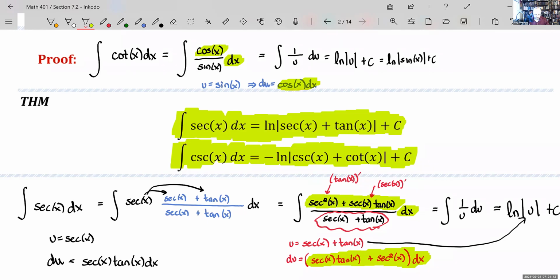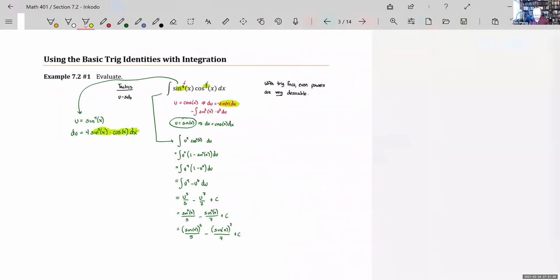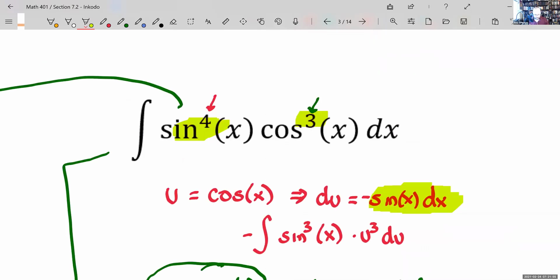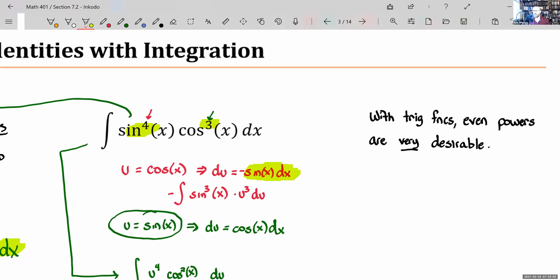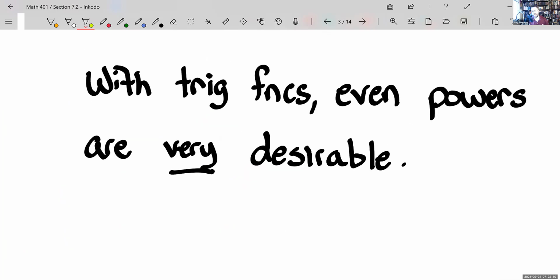Let's see, what else did we do? We started into evaluating integrals involving powers of trig functions, and I gave a piece of advice, and it looks to me on my end that my screen is lagging slightly, so sorry about that. I mentioned last class session that when working with trig functions, your goal is to get even powers.